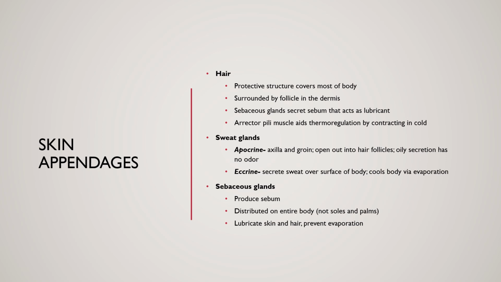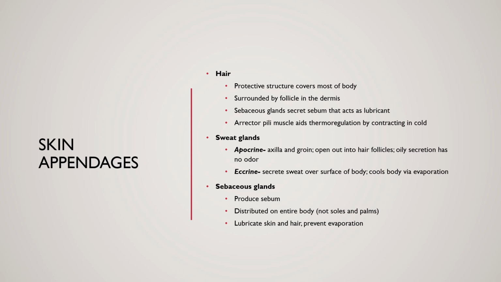Okay, and we have our sweat glands. There are two. Apocrine glands are in the axilla and groin. They open out into the hair follicles, and an oily secretion is done there that has no odor. The only time that there is an odor is when that comes into contact with bacteria. All right, then we have eccrine glands. These secrete sweat over the surface of the body, and they cool the body then via evaporation.